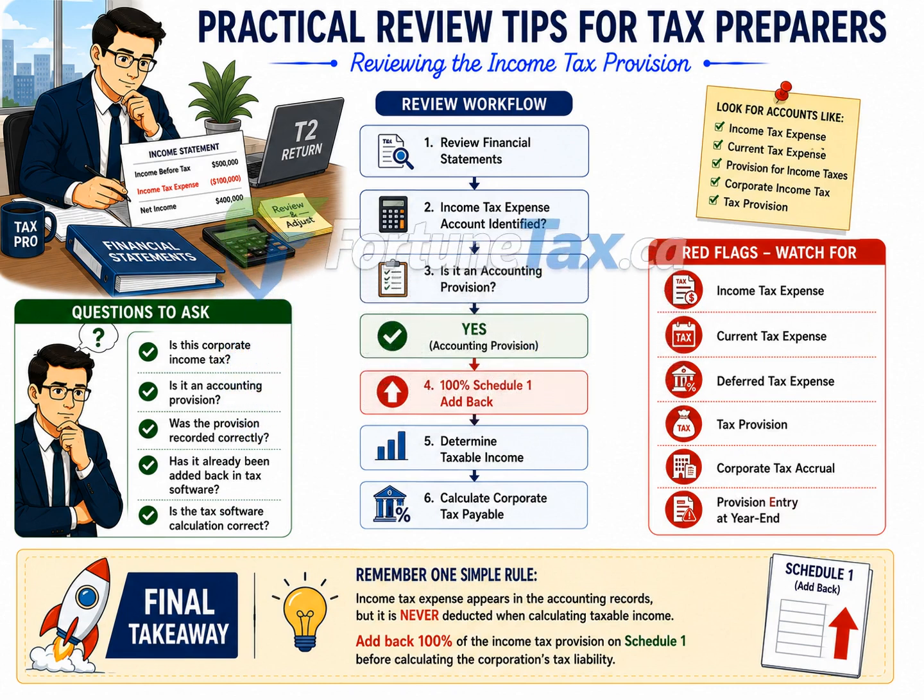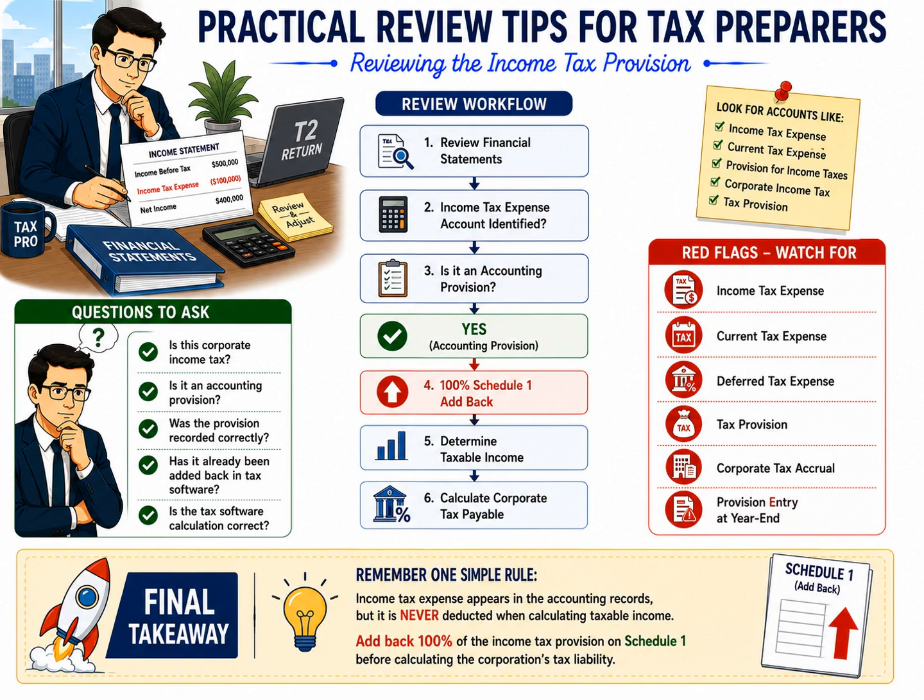These accounts should always prompt you to consider whether a Schedule 1 add-back is required. A good habit is to never assume that every tax-related account is deductible. Instead, determine whether the expense represents the corporation's own income tax liability. If it does, it generally belongs on the add-back list.